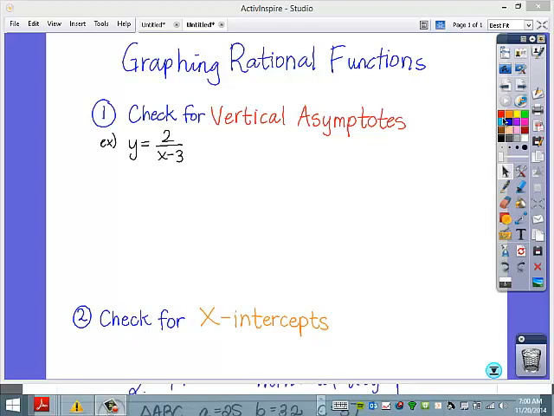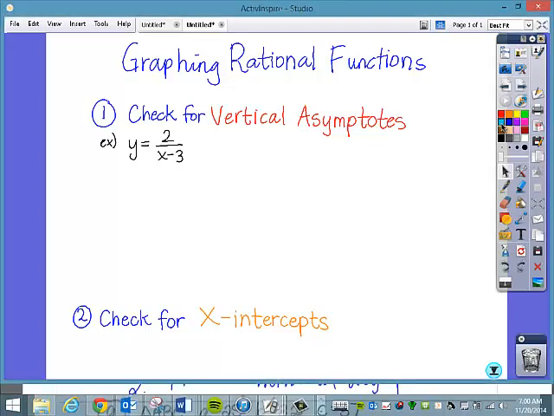The way that you check for vertical asymptotes is you find the values that make your denominator equal to 0. So look at your denominator and see if there's any way that you can make it equal to 0.